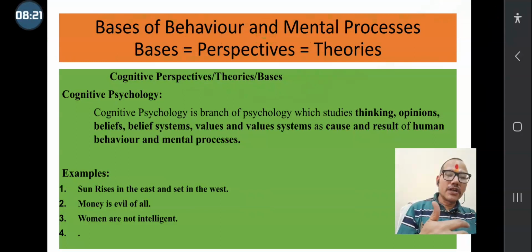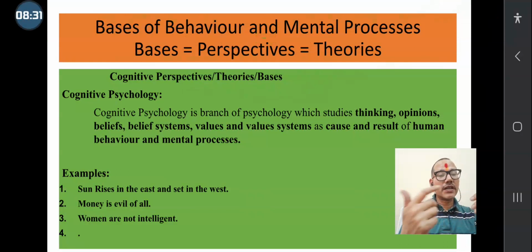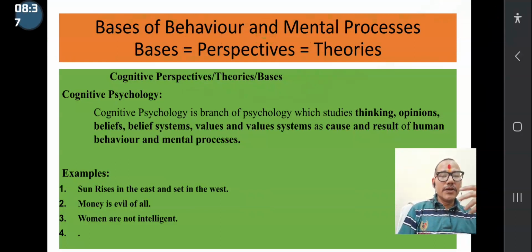We think accordingly. So this is about how opinions, beliefs, and value systems affect our behavior. For example, today I have put on this tika on my head, and I am a Hindu by belief system. But Christian people don't put on this kind of tika on the head.